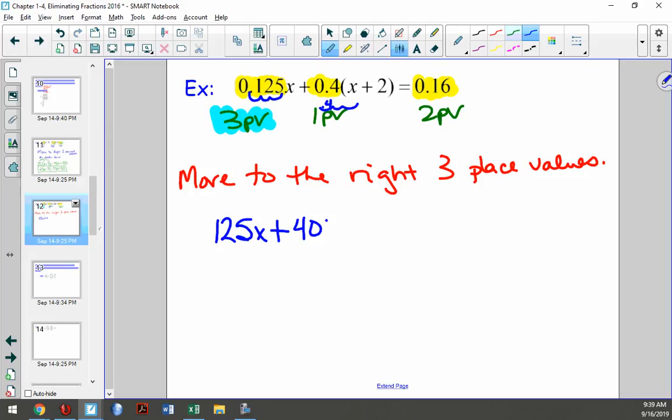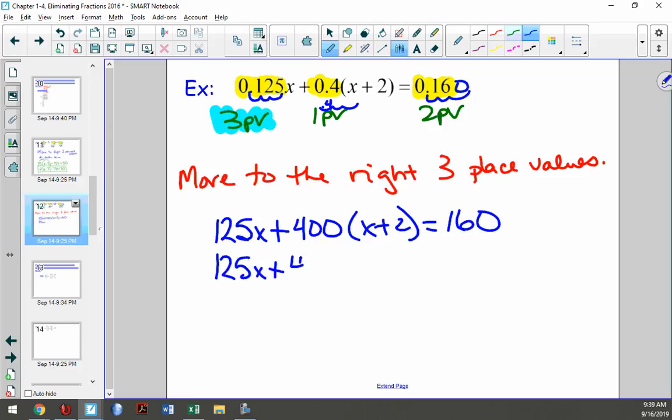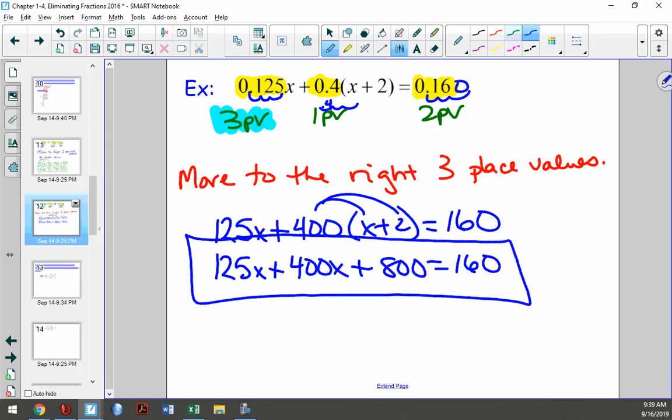So 400 times x plus 2 is equal to 1, 2, 3, 160. Tacking on those zeros. 125x plus 400x plus 800 is equal to 160. No fractions, no decimals, no parentheses.